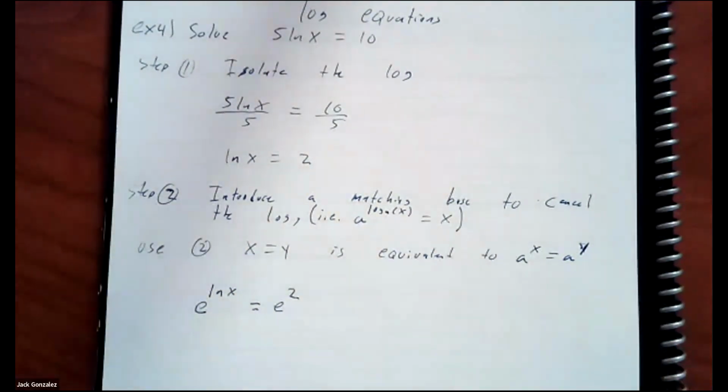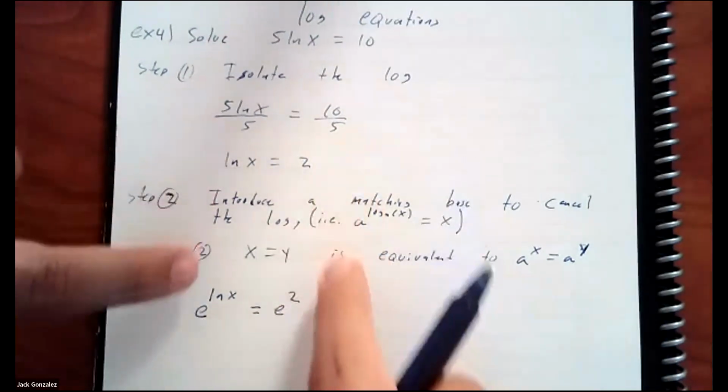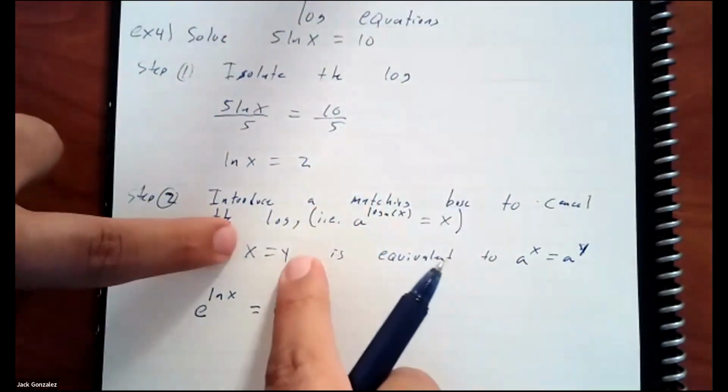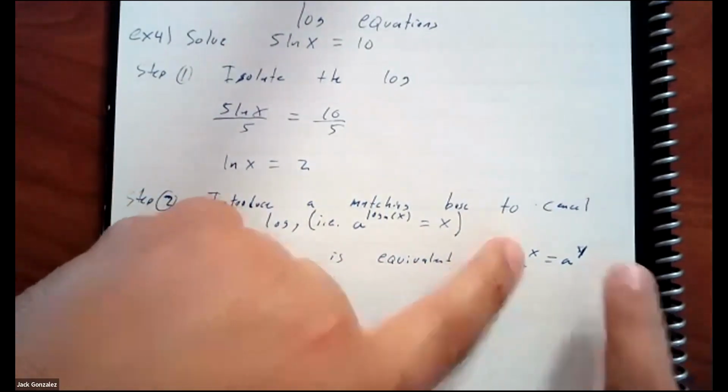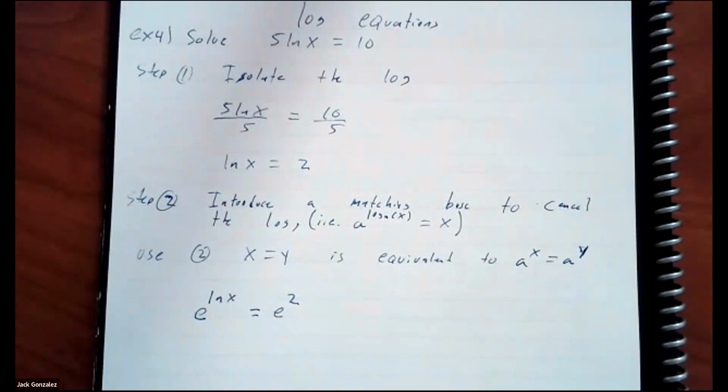That makes sense? So I made these into the powers. If I had an equation, I chose a base and made them into powers. E is the base because I chose e, the base of ln.